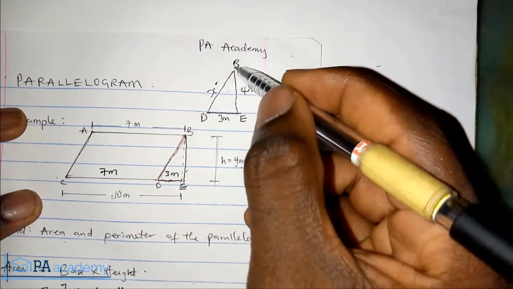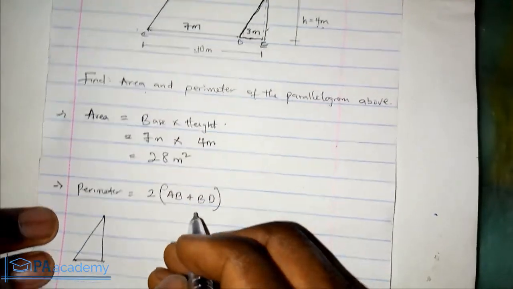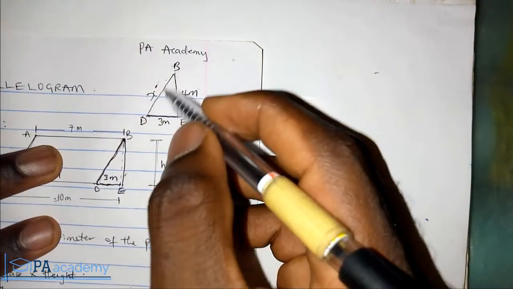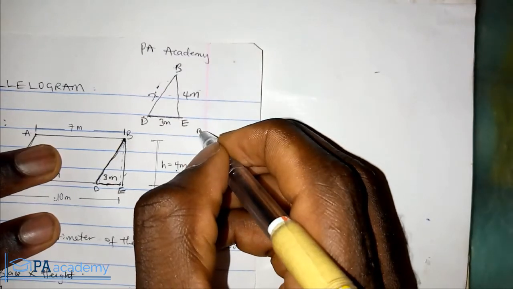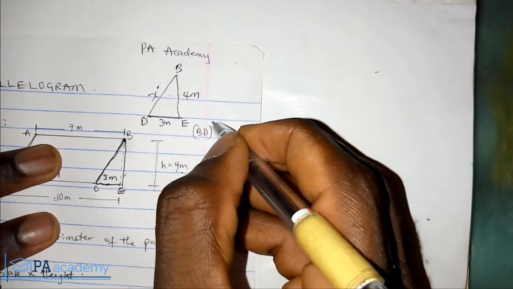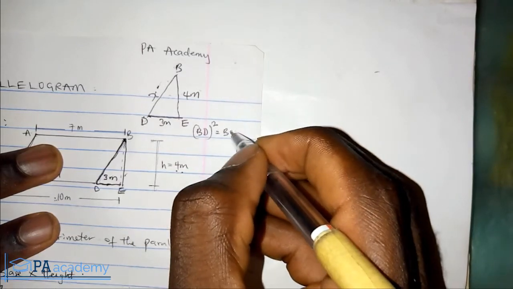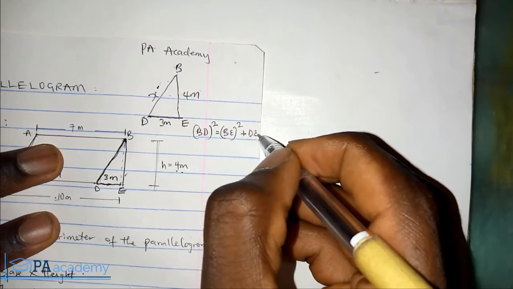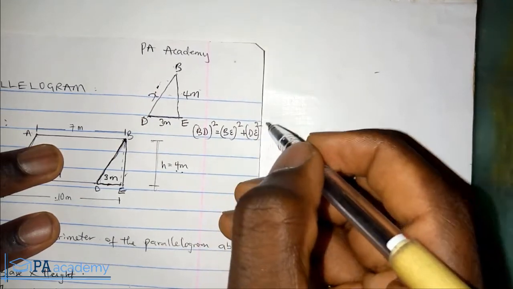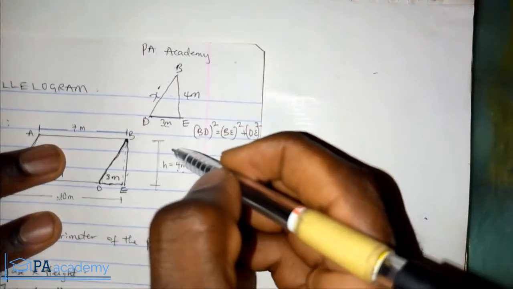So right here now we can apply the formula, that is the Pythagoras theorem, which is BD square is equals to BE square plus DE square. That means you square this, add it together and look for the square root.